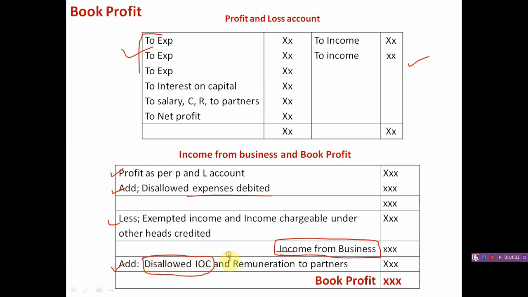And the second one is remuneration to all the partners which is debited to profit and loss account. So any interest on capital debited to profit and loss account, the excess over 12%, is added back to the profit. And the second one is salary, commission, remuneration to all the partners, which is added. If we add these two items to the income from business, then we will get book profit. It is the important calculation in case of assessment of a firm.